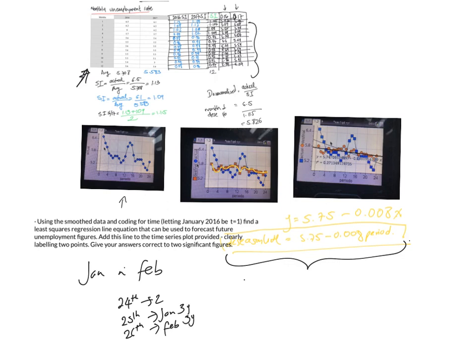So what you do now, you just replace in the equation 5.75 minus 0.008 the value of x, in this case 25, because the data here will be the 25th, and also for the value predicted for February.